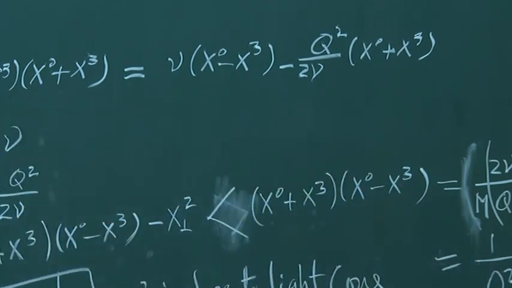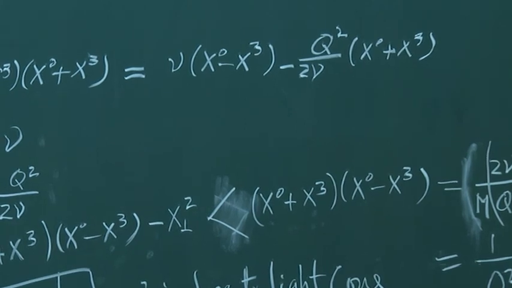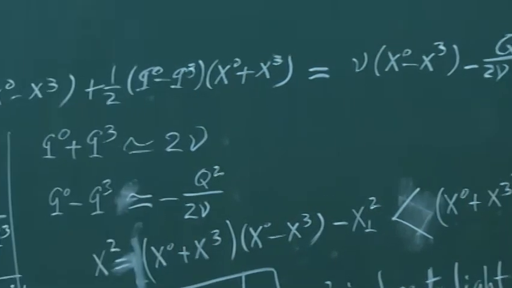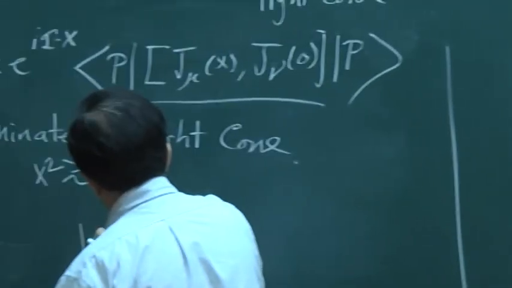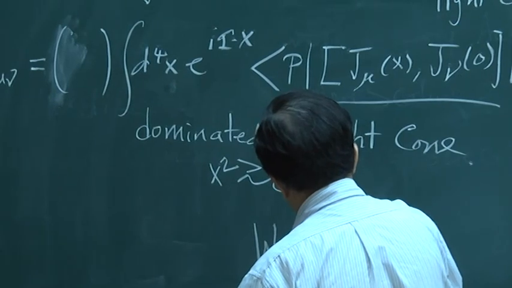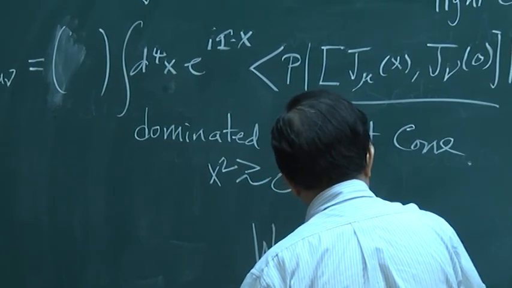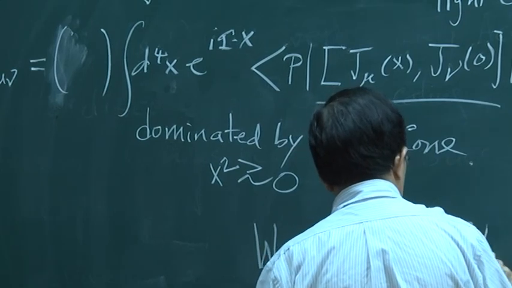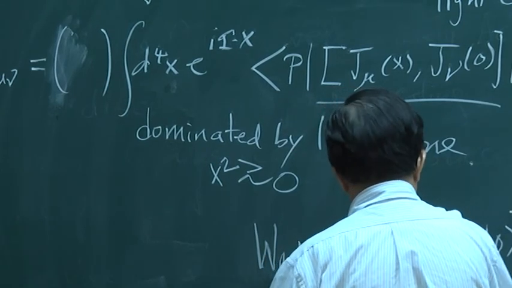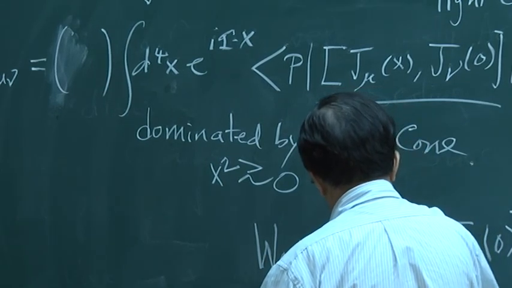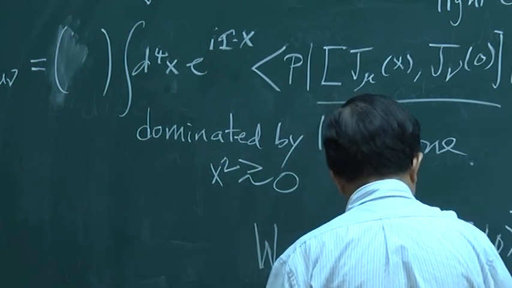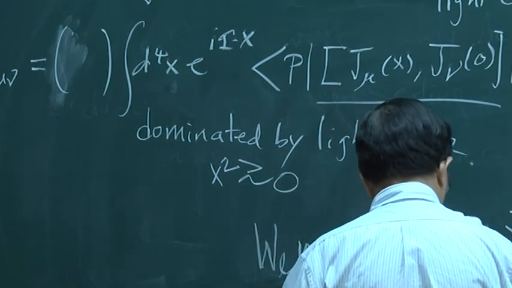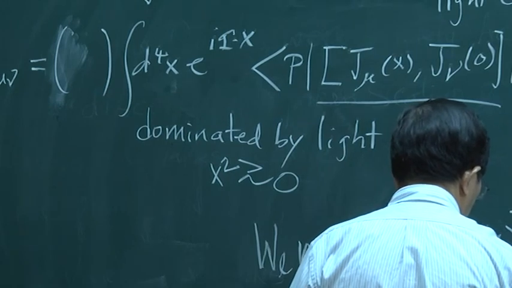So the final conclusion is that we need the commutator near the light cone. Okay?